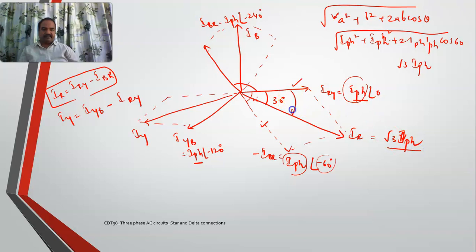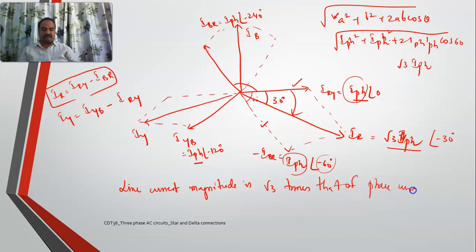See the angle here. If it is 0, I am getting an angle of minus 30. Earlier in voltage, in the star connection, I got plus 30. Now I am getting minus 30. So that's why, do remember, line current magnitude is root 3 times of phase current, which means mod IL is equal to root 3 I phase.